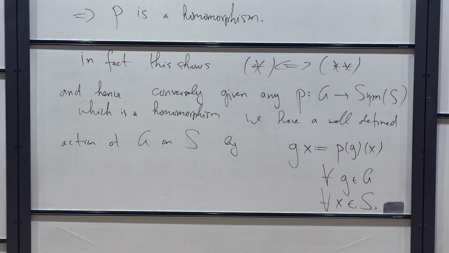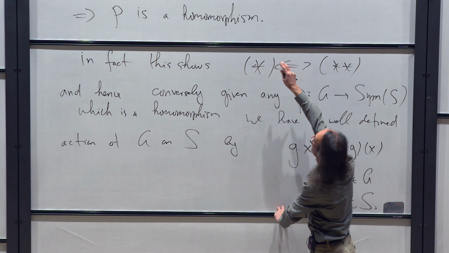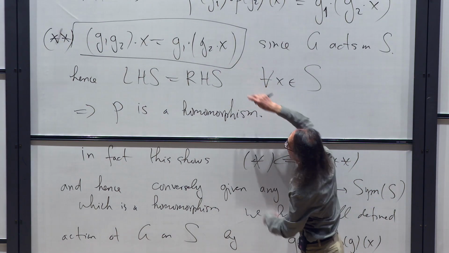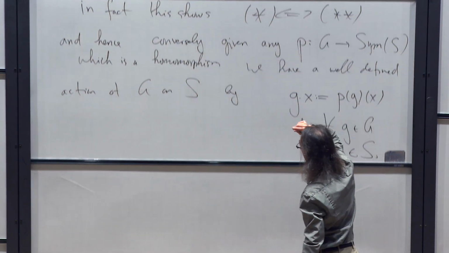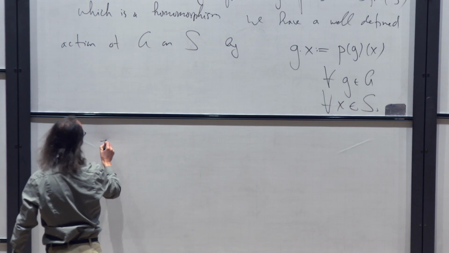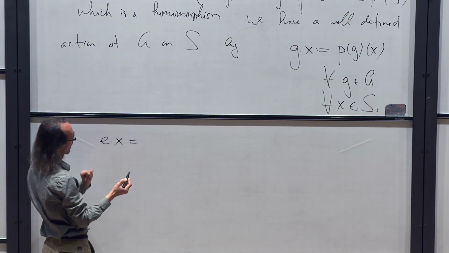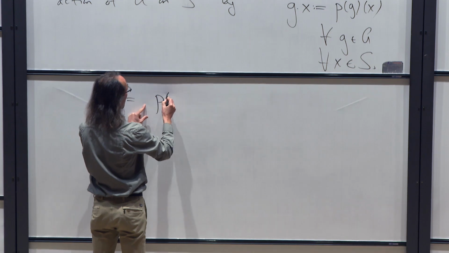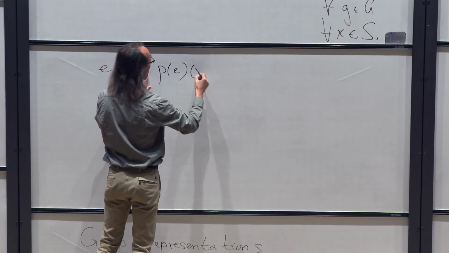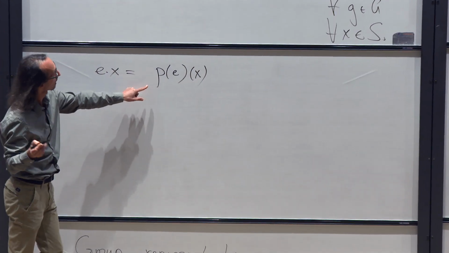Well, this shows that we satisfy the second axiom of action, and the first condition of an action is that the identity on x should be x. Well, by definition, this is rho of e applied on x in that case.